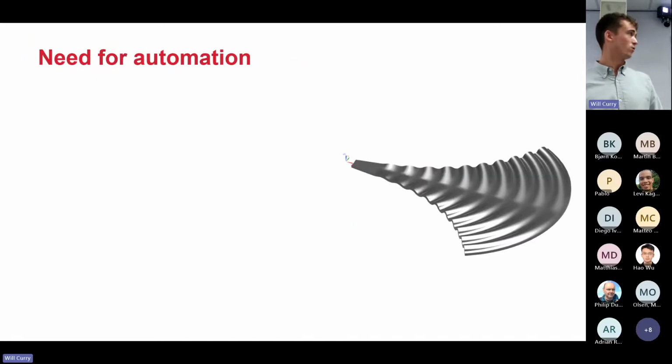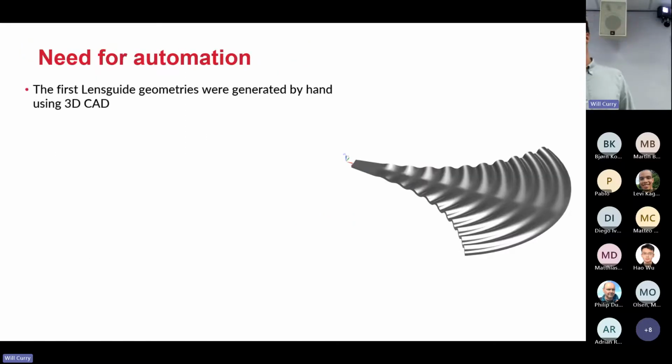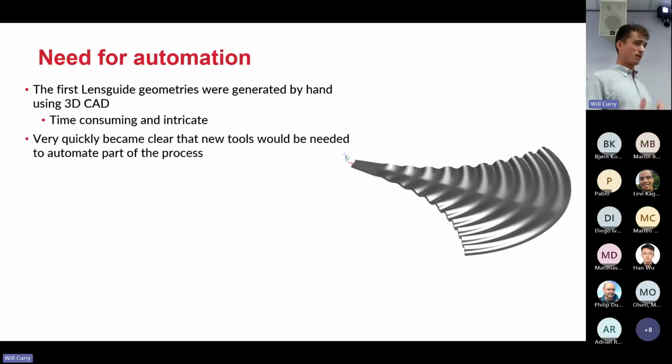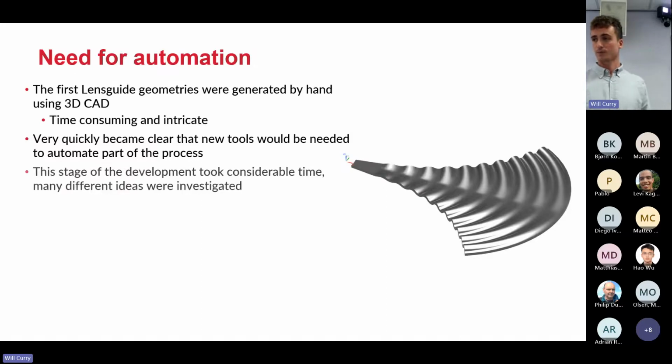So these first Lensguide geometries were hand designed or hand generated using 3D CAD. It's really time consuming and intricate, trying to work out exactly where the corrugations should be and how high they should be. And it became quickly clear that new tools would be needed to automate part of the process. This stage of development took considerable time.